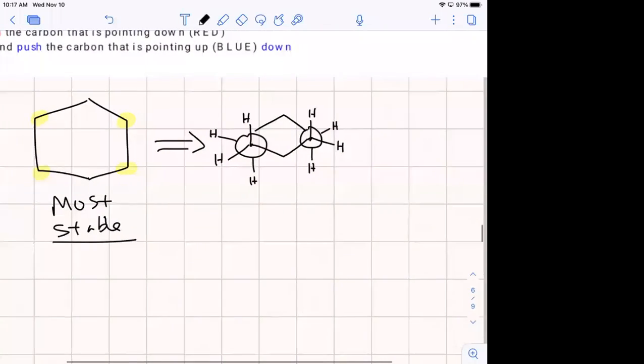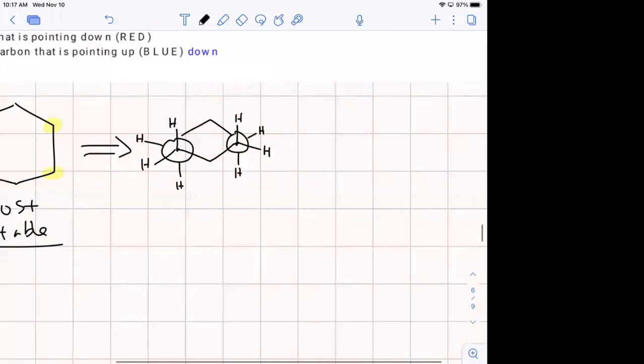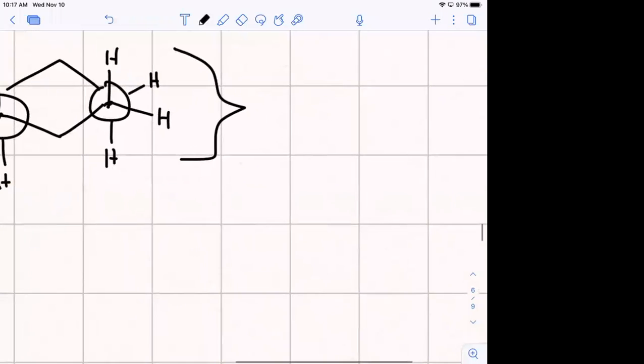And the reason why the 6-member ring is so stable is because of the dihedral angle between those hydrogens on the ring. I want to say it's 109.5 or 0.4.